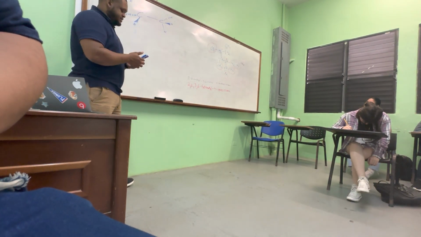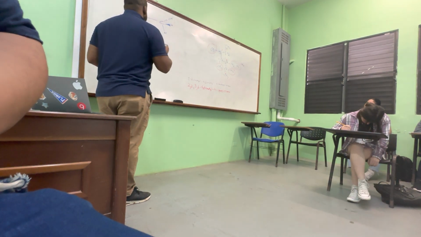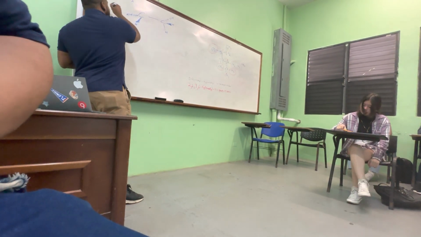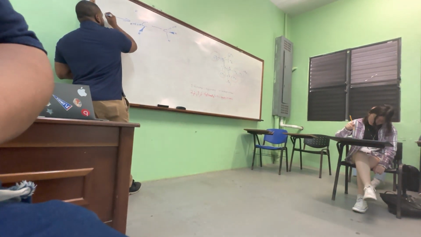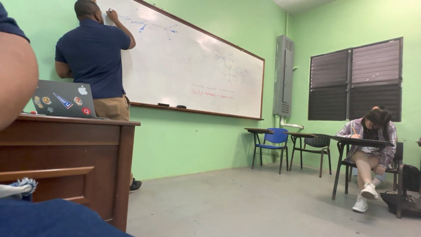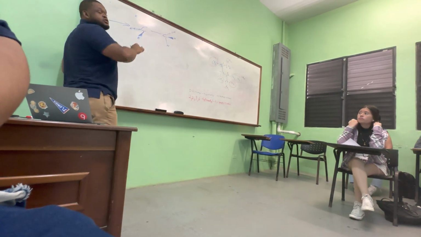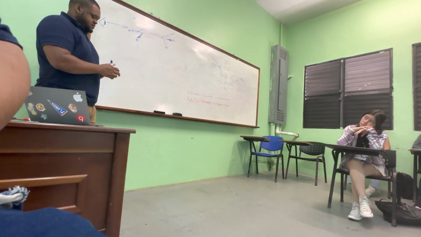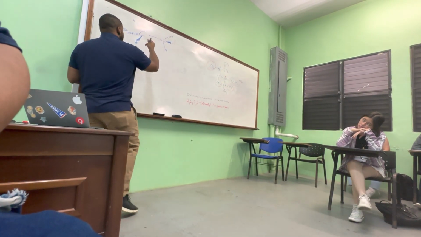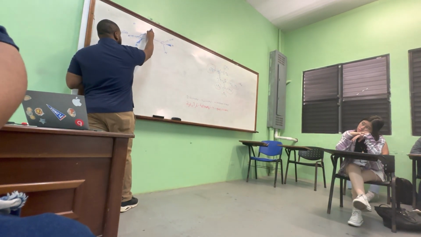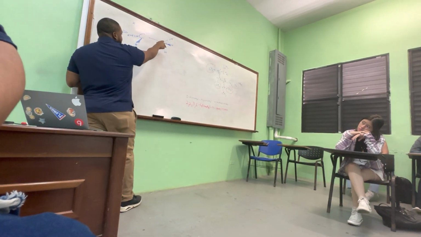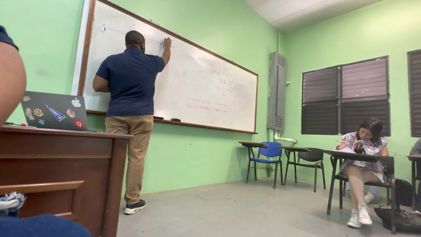So what we do is, we're going to look at it from this direction. Our eyes are looking from this direction, right? This is my front carbon, because I'm looking this way, and this is my back carbon.